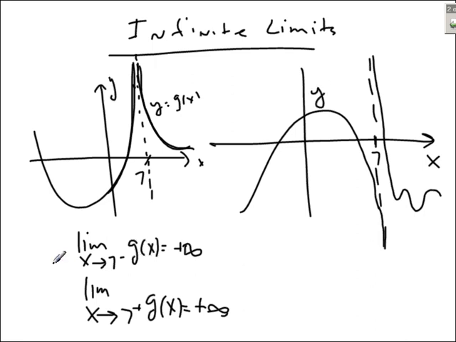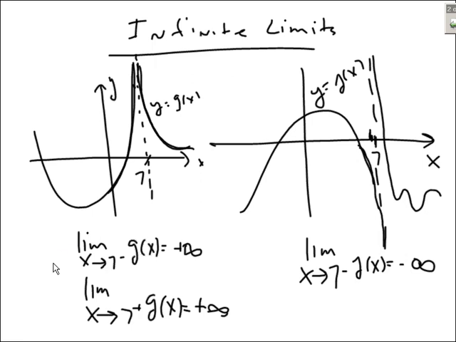And let's call this j of x. So the limit as x goes to 7 from the left of j of x is going to be negative infinity, because a little bit to the left of 7, the graph is going to negative infinity.